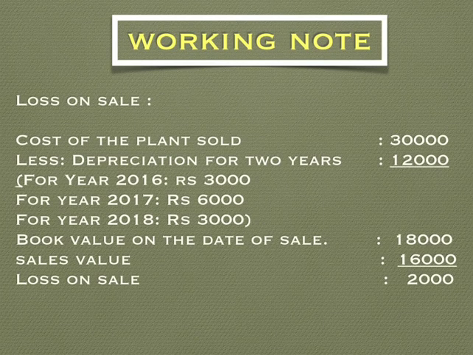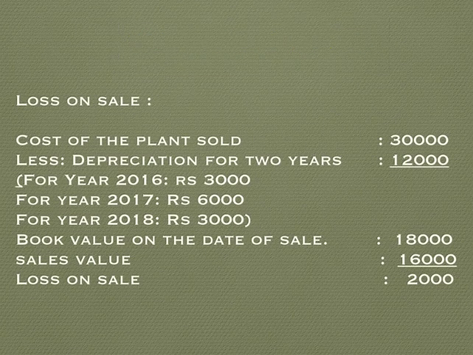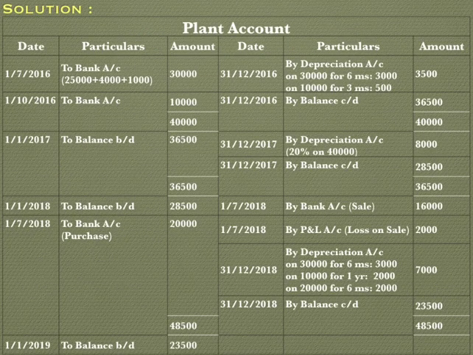We have to write this loss in our plant account. So we have written on the credit side, 1st July 2018, "By profit and loss account." As this is a loss, and loss is transferred to the profit and loss account, I have specified "loss on sale, rupees 2,000."